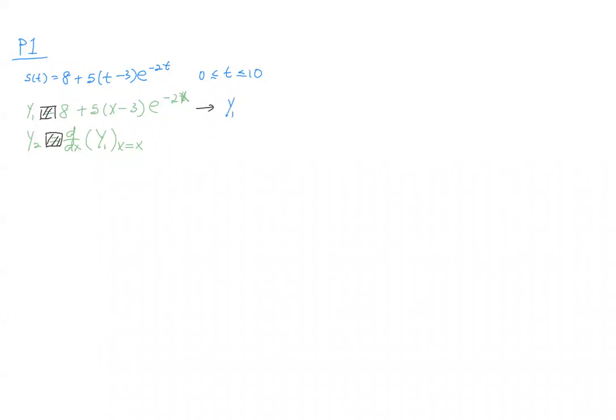Bring your cursor to here, press enter. So your y1 equation should be unhighlighted and only your y2 is highlighted. Okay, so go to your y1 and highlight it, because now you want your y2 graph, correct? Because it says sketch the graph of v of t. You want your y2 graph.